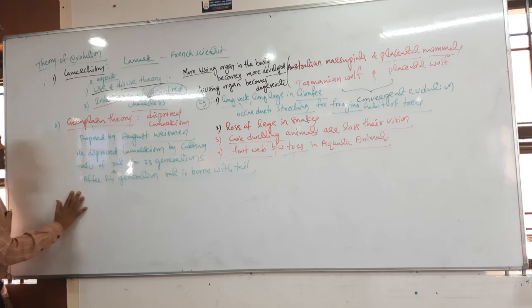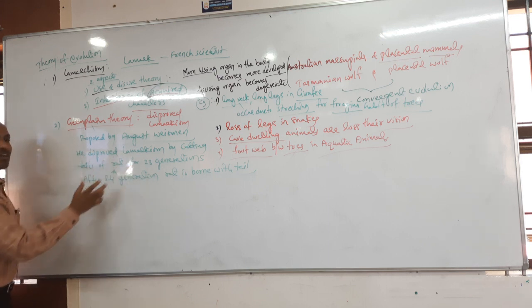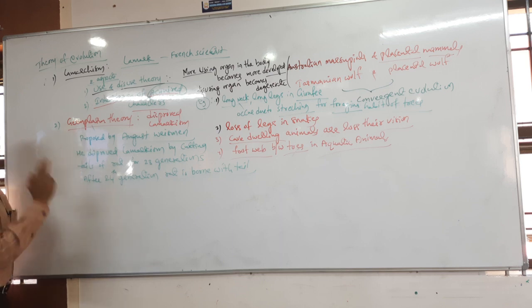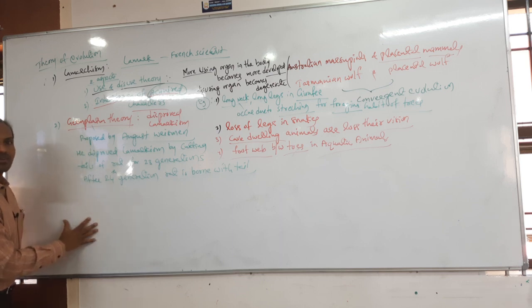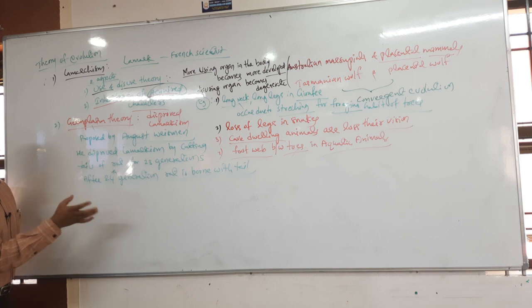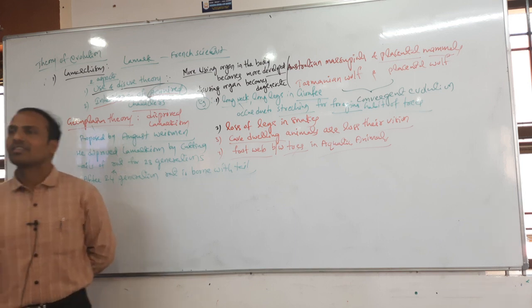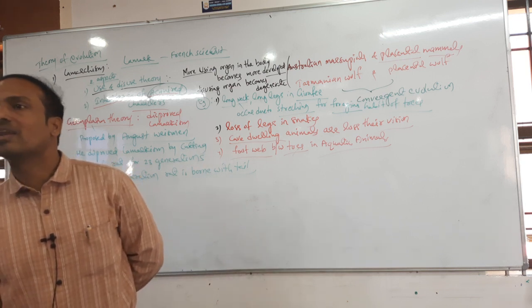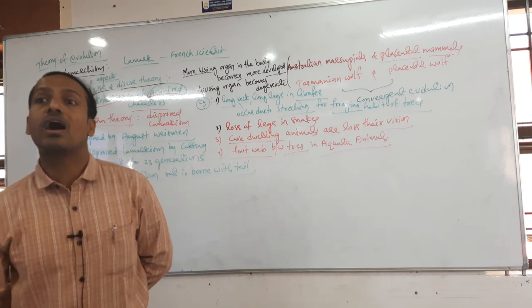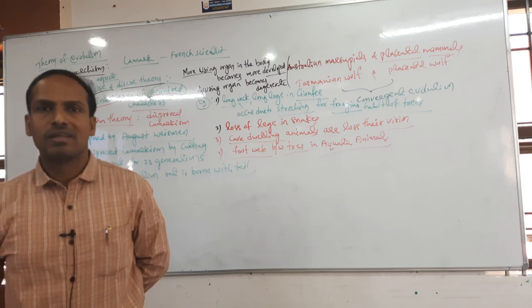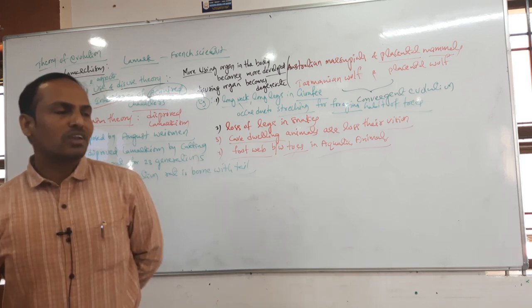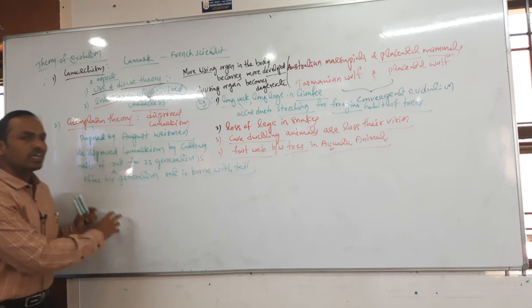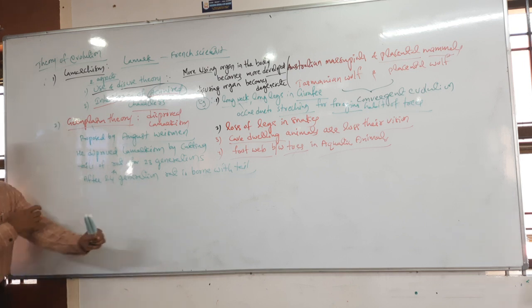So when the new rat is born, he started cutting off their tail. If they are cutting the tail, it means they lost their character, they are not using the tail at all. If the tail is not used, that organ should degenerate. Up to 23 generations he completely cut the tail of the rats.